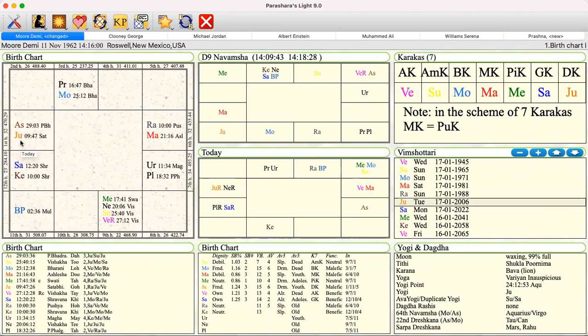So I know that this person's motivation in life is Dharma. When the Nakshatra Lord of your ascendant is in the first, fifth, or ninth house, you know that this person is here to fulfill their Dharma.